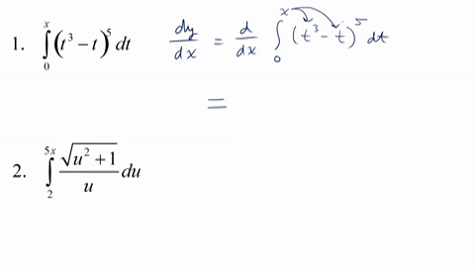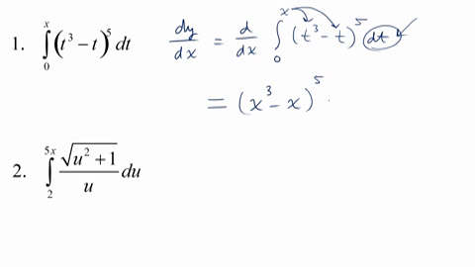So we're going to let t be x, and then we also have to evaluate dt, which is simply the derivative of x with respect to x, which is just 1. Making that substitution, the t cubed becomes x cubed minus x, all of that to the 5th power, and since dt is just the derivative of x, we're just multiplying by 1. So our final answer is (x cubed minus x) to the 5th power.